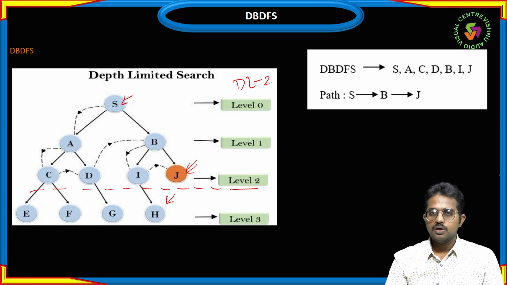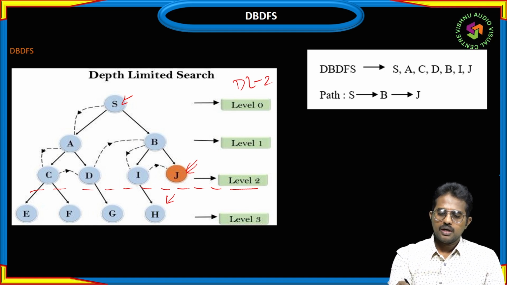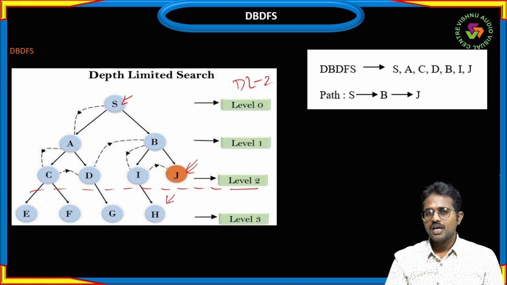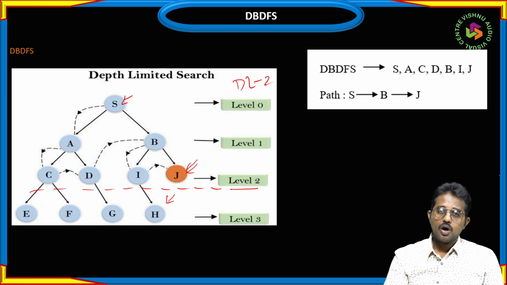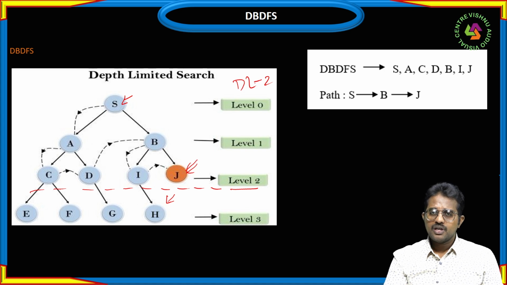S is not a goal node, so we apply the movegen function on S. After applying movegen on S, A and B will be the output. A and B will be added to open. I will take the values from left to right, so after S, in open I have A and B.